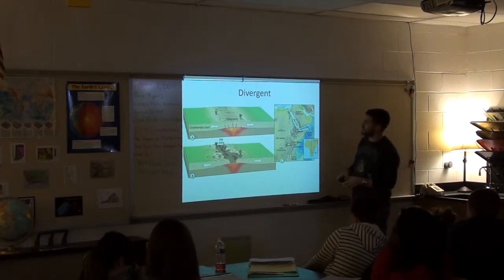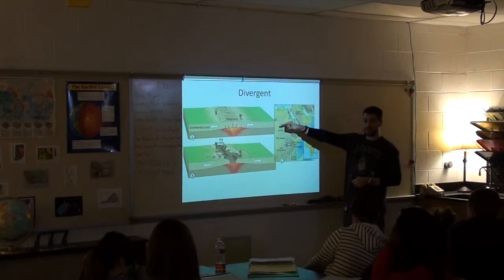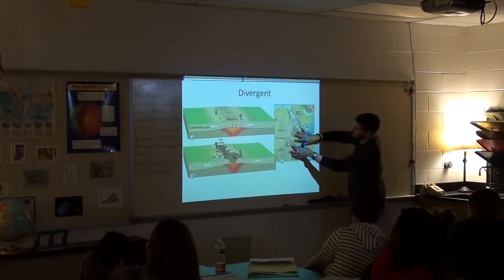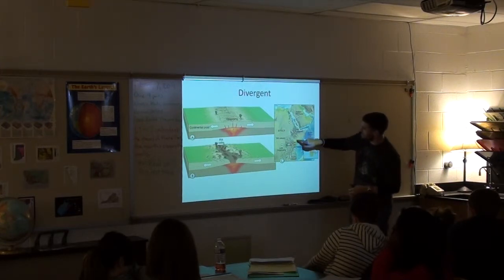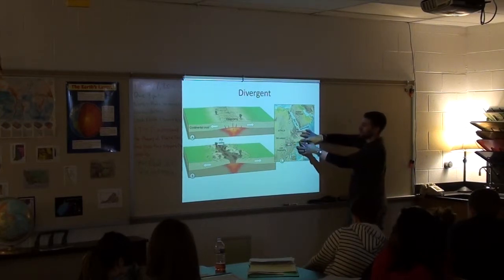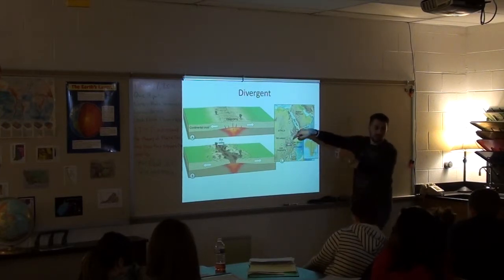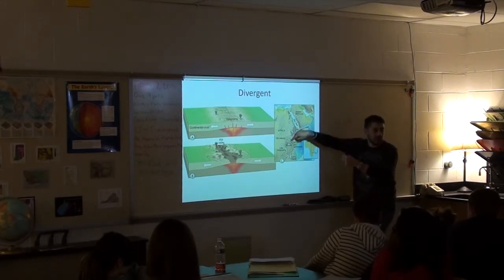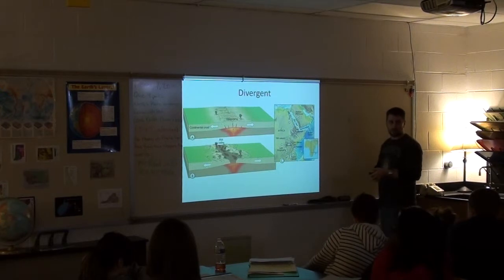So eventually, the Middle East is going to go this way, Africa is going to go that way, and this is Somalia here, part of Ethiopia, down here to Tanzania, and other parts of Africa. These are going to get ripped off and go into the Indian Ocean. You're going to have an ocean forming between Africa and Africa. Okay? That will happen eventually.